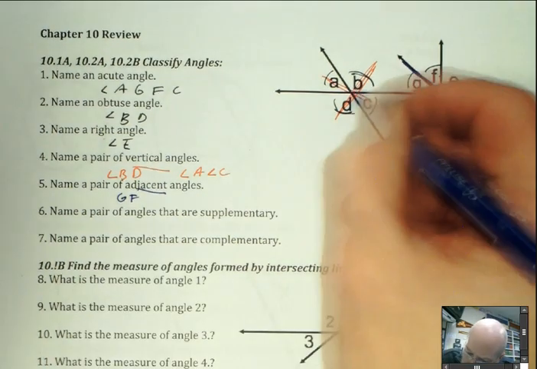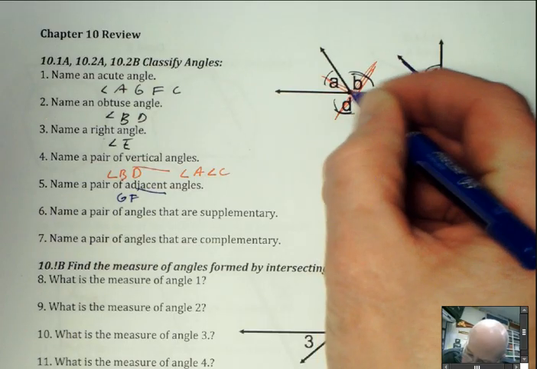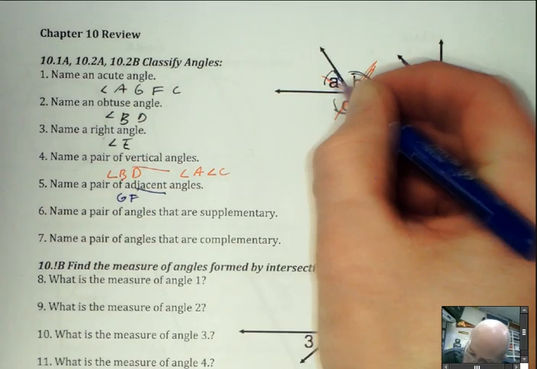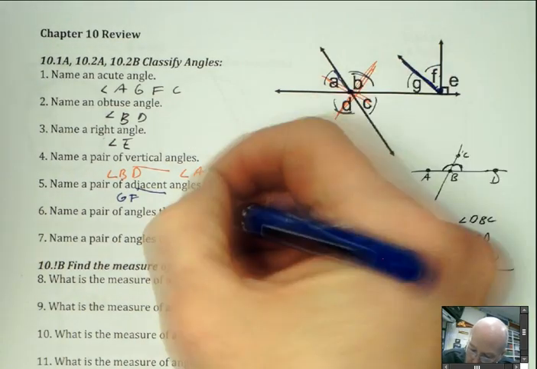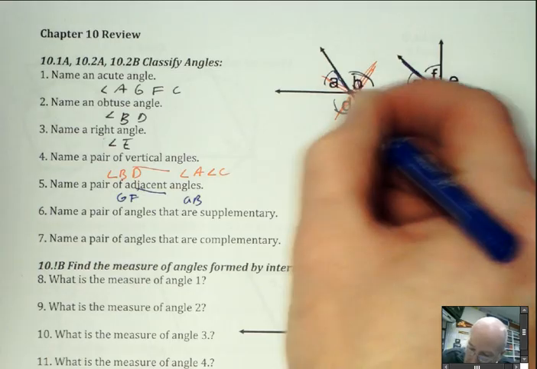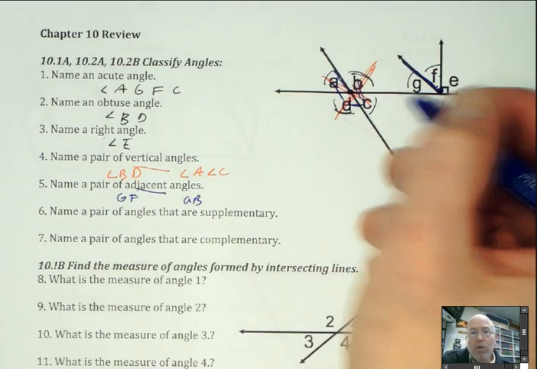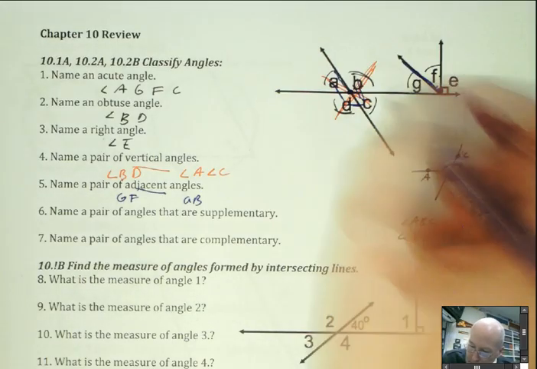But these angles up here, they share a vertex here. A and B are adjacent angles, and B and C and D and A, all of those are adjacent angles. They're all next to each other. They're all neighbors, adjacent angles.